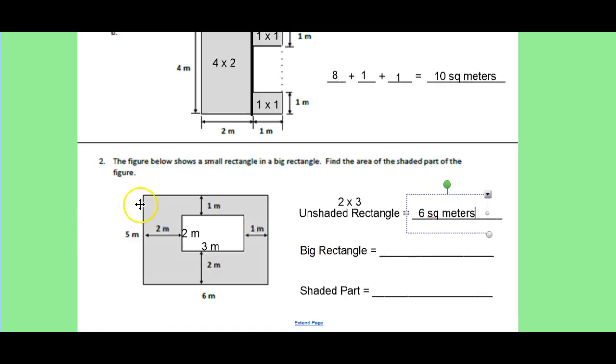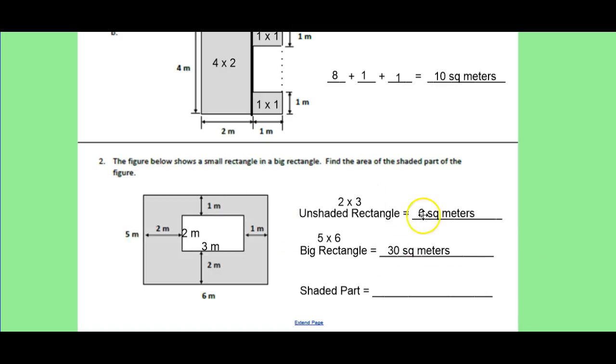Now the big rectangle, the whole thing, is 5 meters on one side and 6 meters on the other side. So we know we're going to be multiplying 5 times 6 to find the area of the big rectangle. So multiply 5 times 6 and write the area of the big rectangle right here on the line on your paper. Okay, so that's 30 square meters.